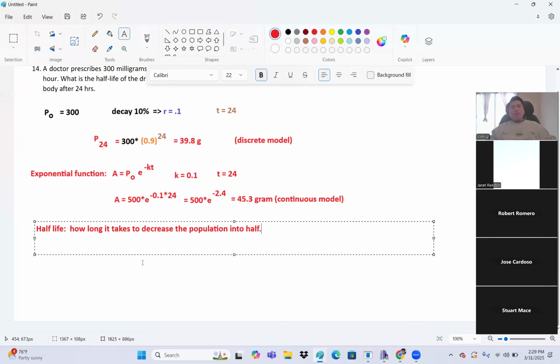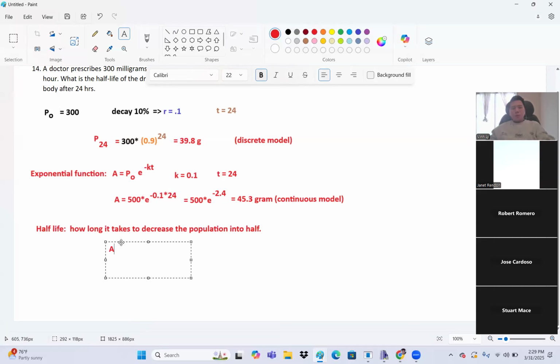So the formula that we have would be A equal to P0 times 2 to the power negative t over t half.